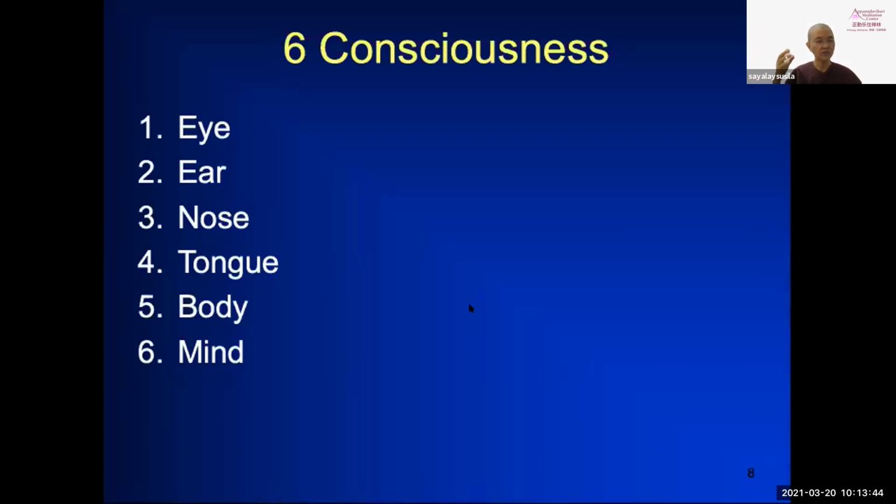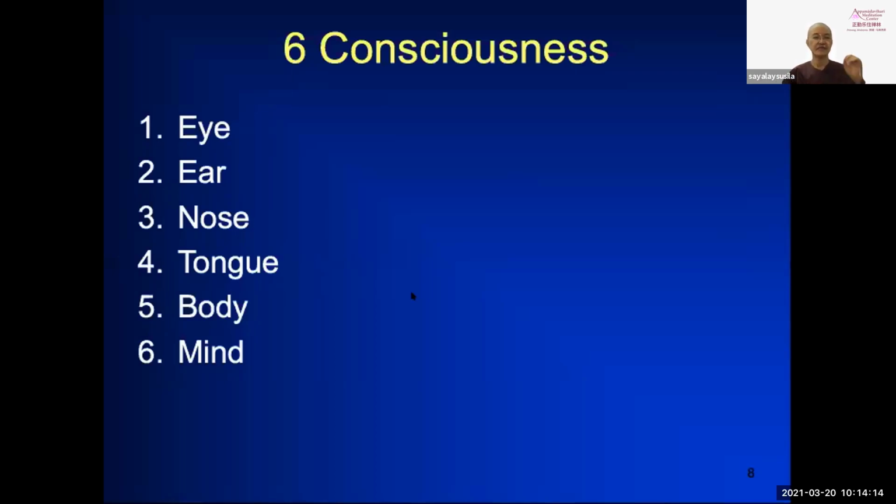In order to see very clearly what this color is, what is the name, what is the form of this visible object, we need cognitive process. We need eye-door cognitive process followed by mind-door cognitive process in order to know clearly what you see.